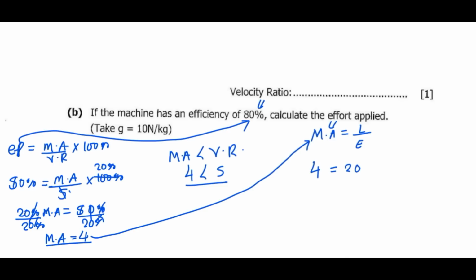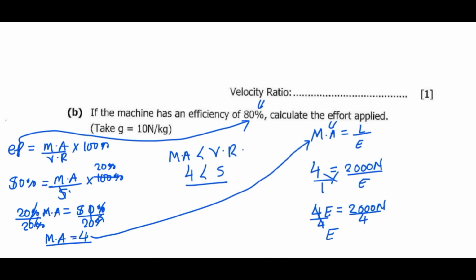So you have a 2000 newtons over E over 1. We cross multiply. So we'll get 4E is equal to 2000 newtons. So we divide by 4, also by 4. So that is 2000 divided by 4.